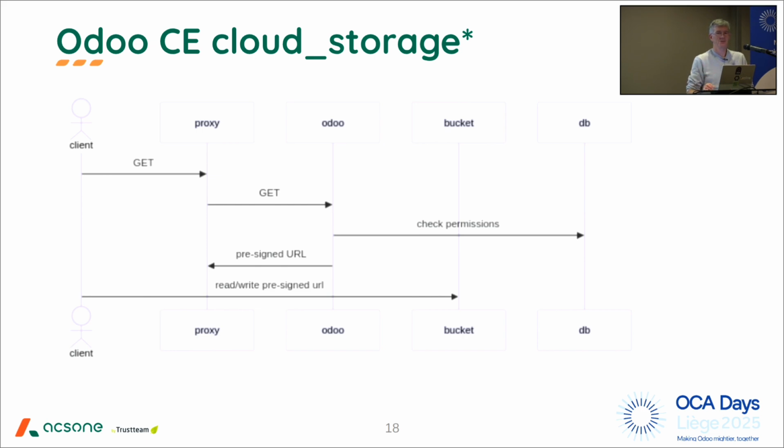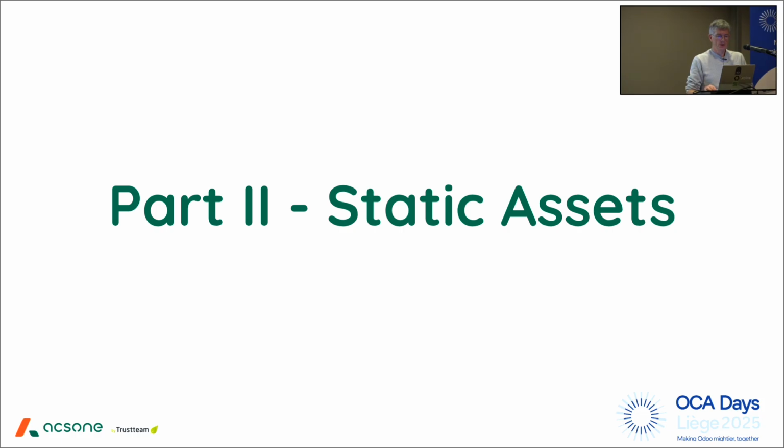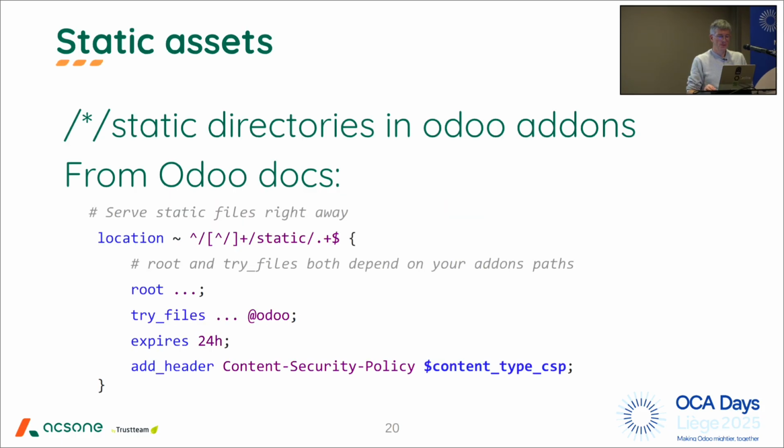A simple tool. And the second part, just a quick word. It's something that came to us. It's about the static assets, so it's really related to that. If you look into the Odoo deployment recommendation, they recommend to configure your reverse proxy like this.